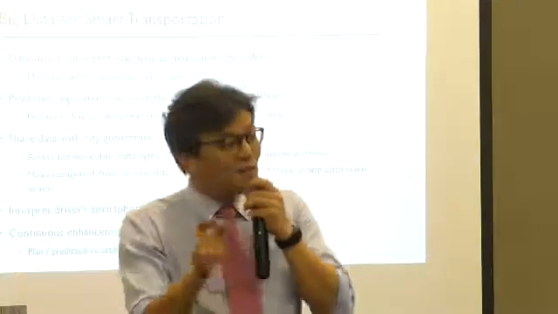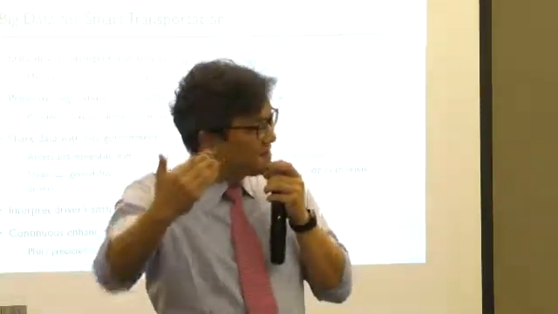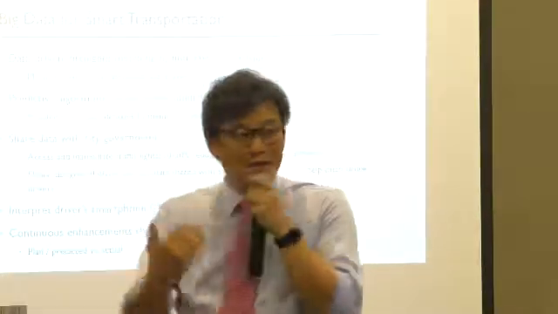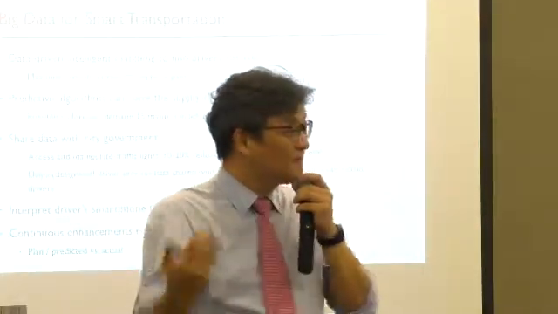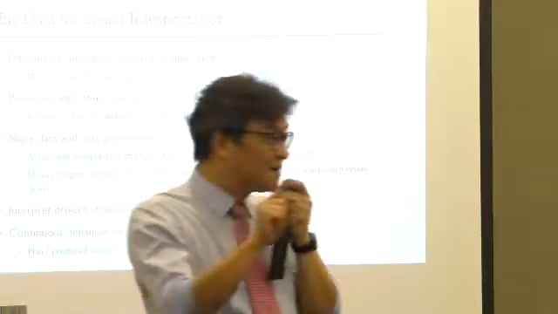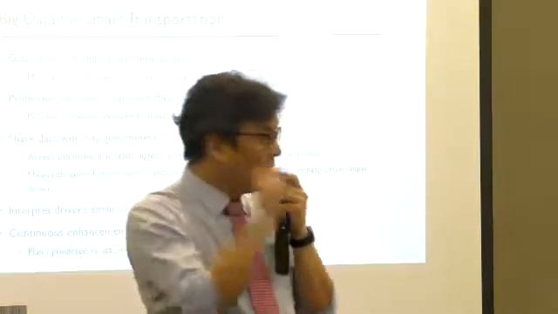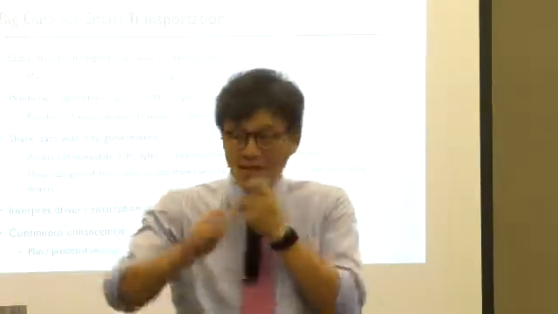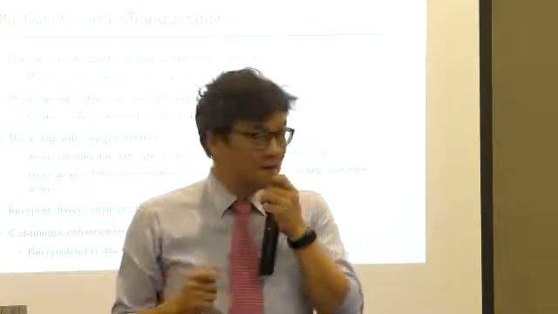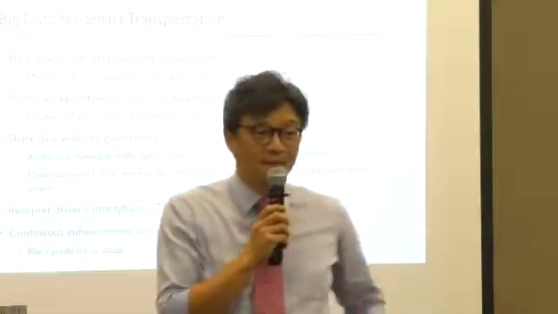We can try to reduce the wait time then and there, but there's only so much that you can do when you don't have that much flexibility of time ahead of that event. If you can predict an event 15 minutes in advance or 30 minutes in advance, then there's a lot more that you can do. You can actually intervene to do something. Okay? And so these are some of the challenges that companies like Didi are facing.